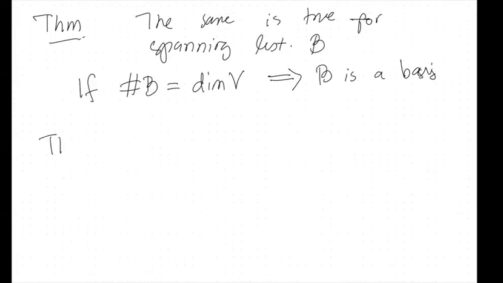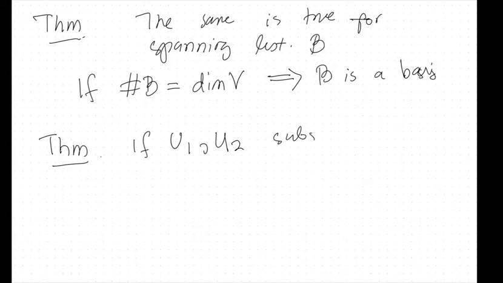So let me write this as a theorem. If you have U1 and U2 subspaces of our V, and V, of course, is finite dimensional, as I have mentioned earlier. We will just study finite dimensional vector spaces from now on.